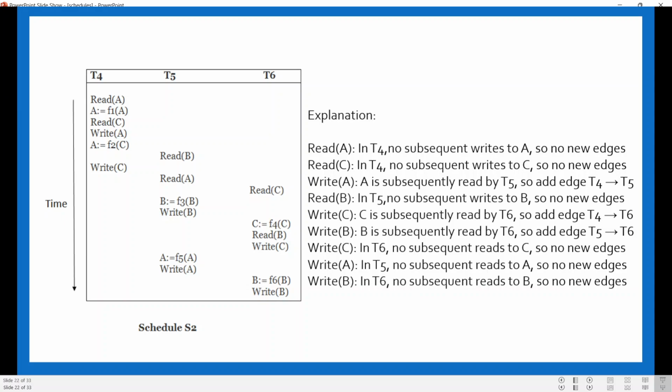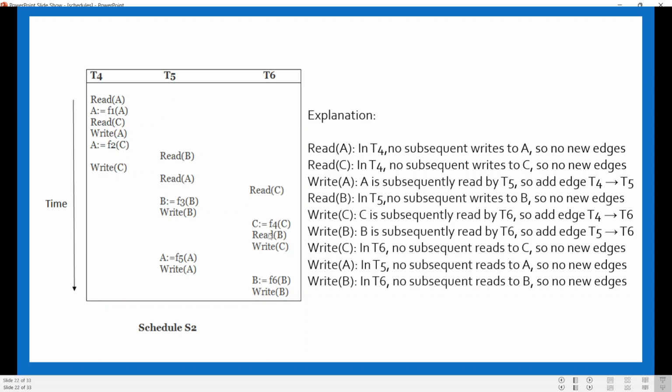So T4 to T6 will be connected by an edge. Then after this read C, we have write B. For the write B operation, we will see if there is any read B operation. Yes, in T6 there is a read B. So from T5 to T6 we will be joining an edge.